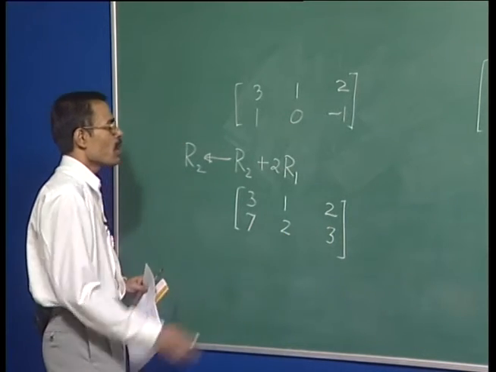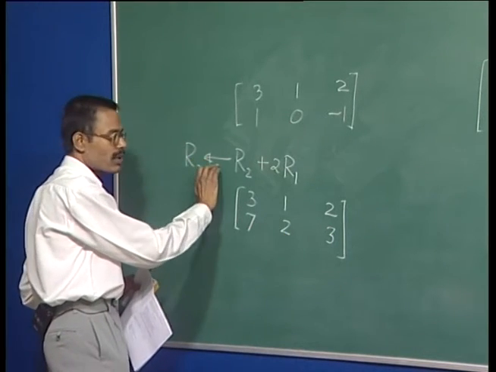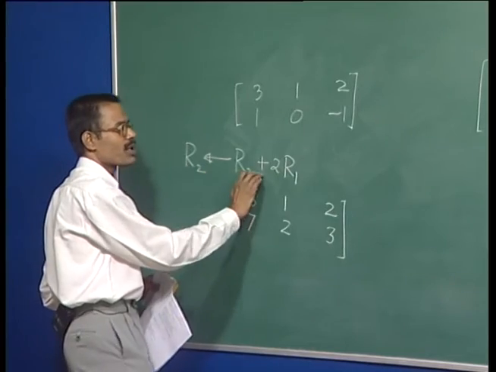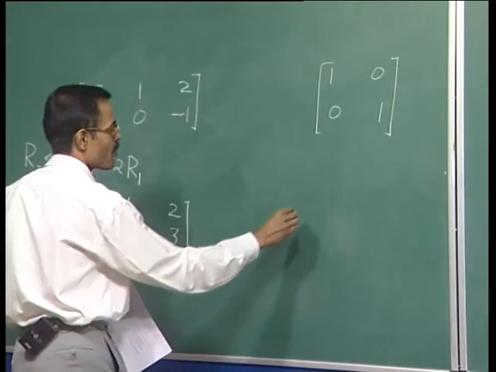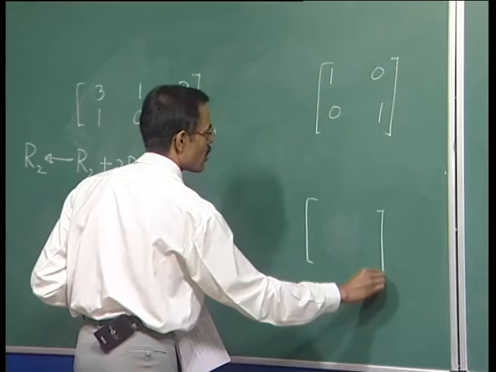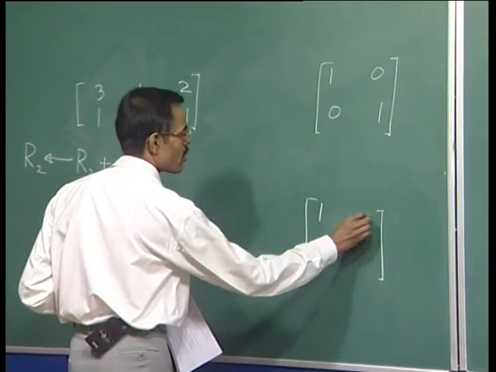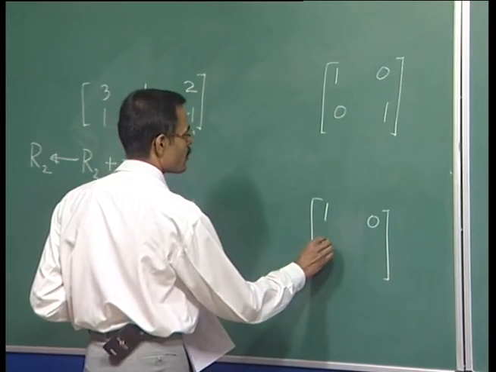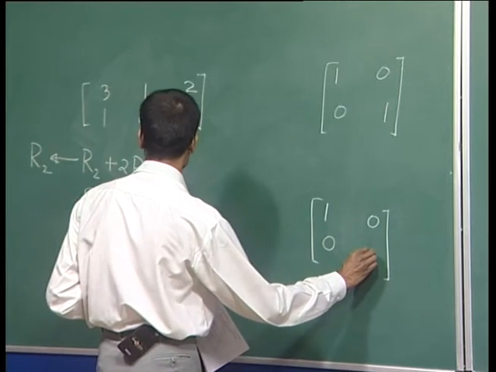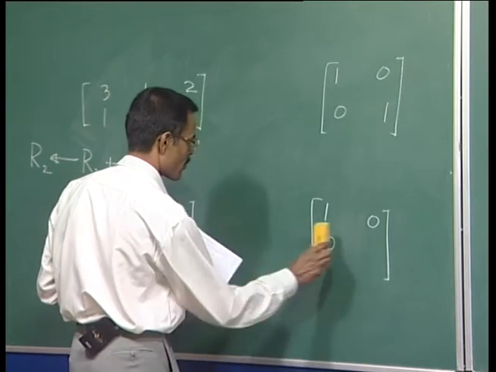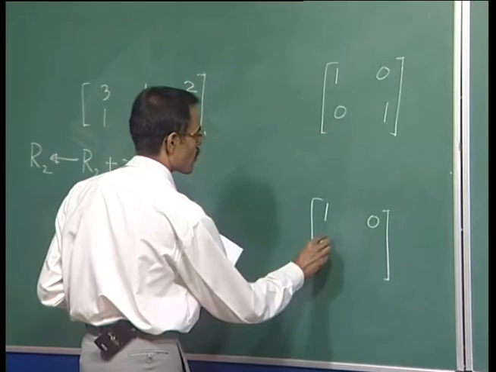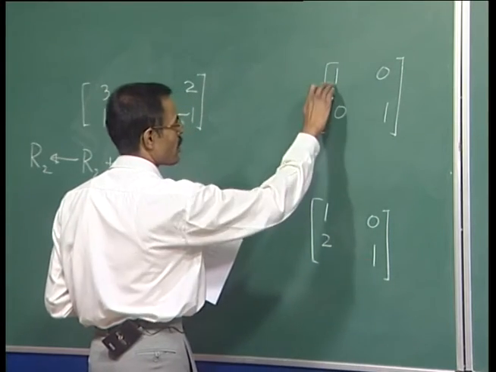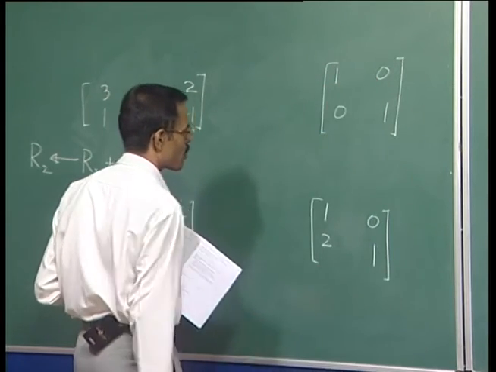You get this. When you apply the same elementary row transformation to the identity matrix, twice the first row gets added to the second row, we get this matrix.